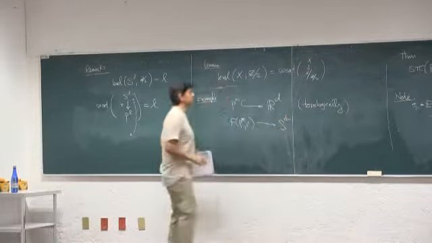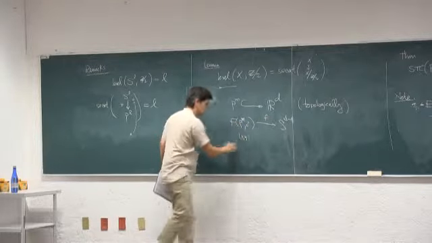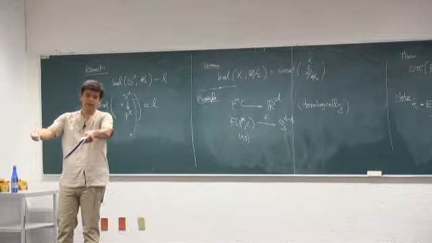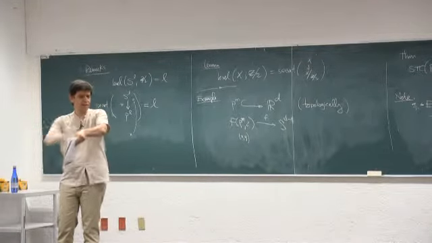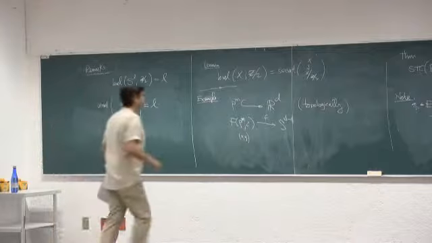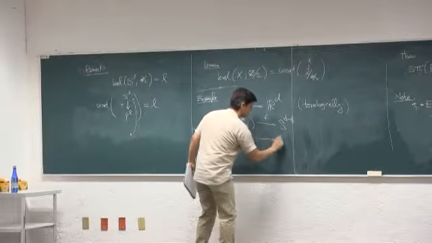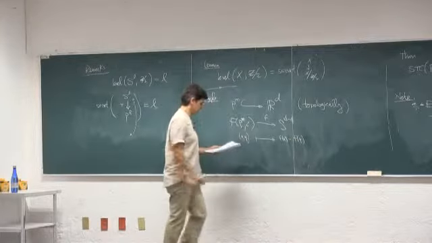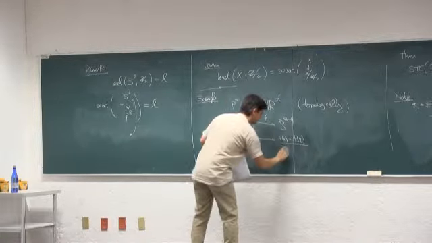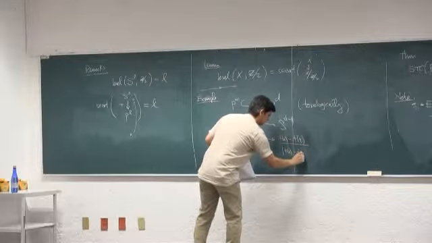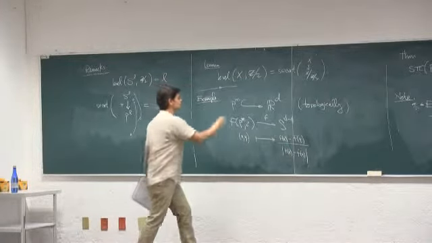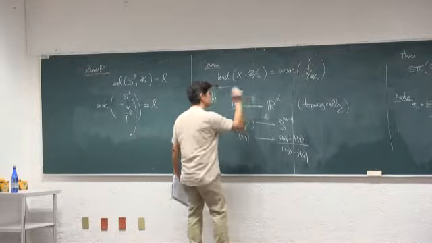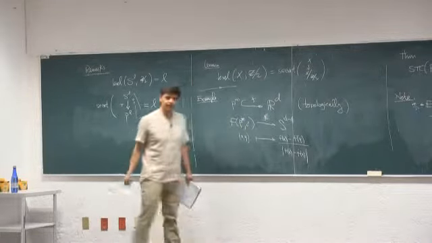It does the following. If you have two points in PM, think of them inside this Euclidean space and take the difference vector. So you can send this to (f(x) minus f(y)) divided by the norm. This is f, and this is the map g.